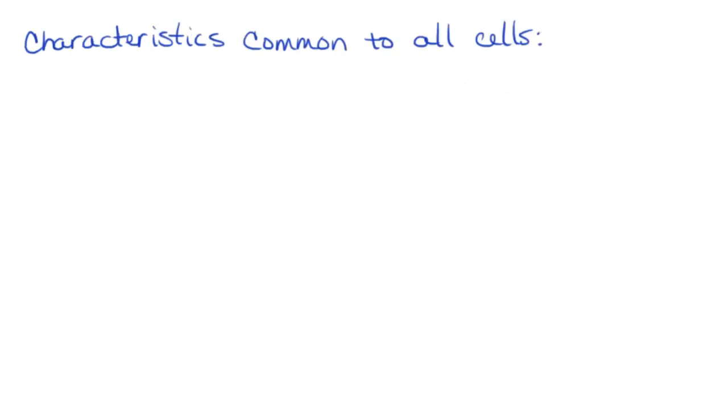All cell types, regardless of what organism they come from or how simple or complex they are, have certain things in common. If we go through those common characteristics, at the top of the list we could put a plasma membrane. The plasma membrane is a crucial component of all cells, and this is the outer membrane.